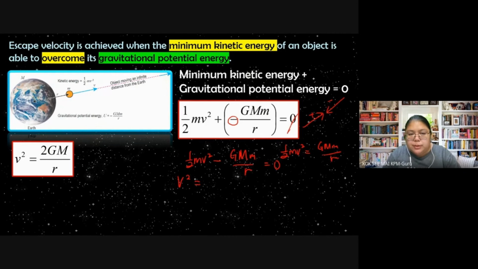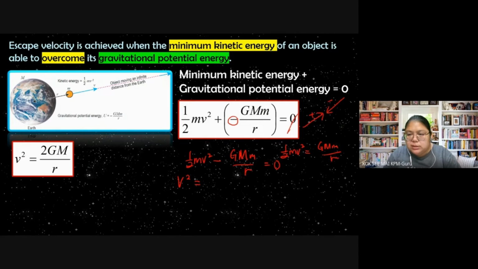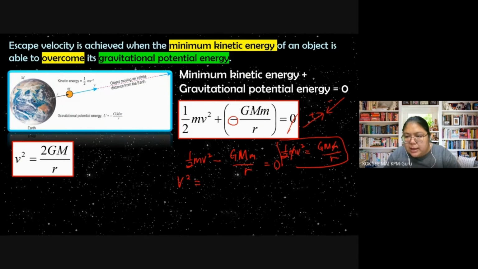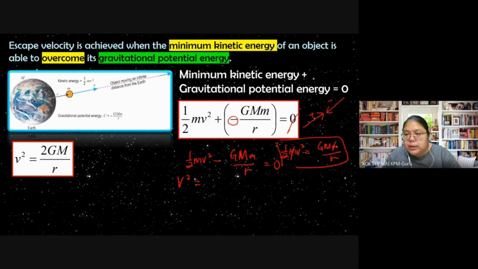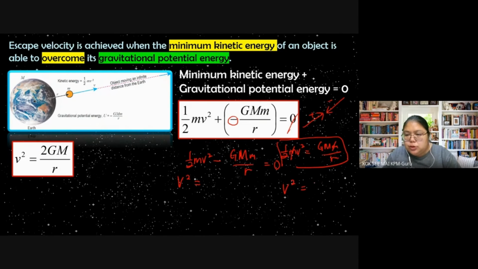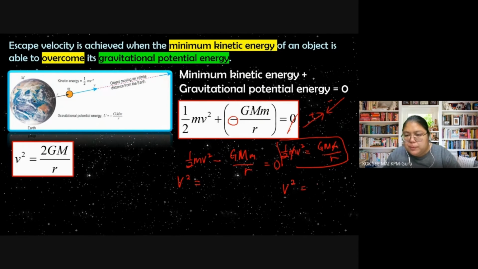Small m and small m I can cut. So V I want alone, so the 2 must be multiplied. 2GM over R. V equals square root of 2GM over R.